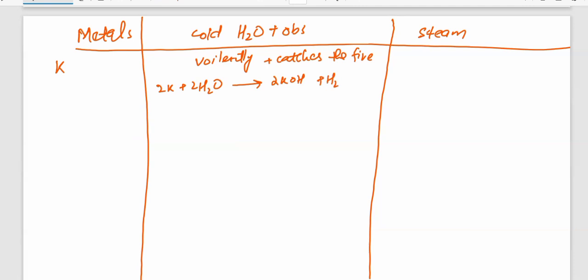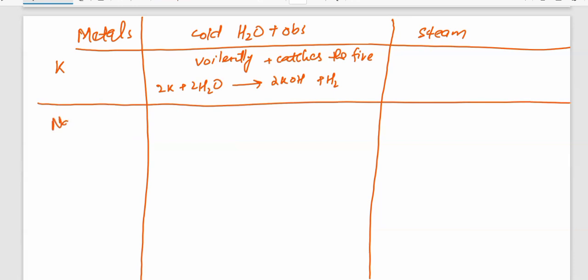Now let's move to sodium. It also reacts very violently with the cold water, but the intensity is decreasing as the reactivity decreases. It may also catch fire and explode.